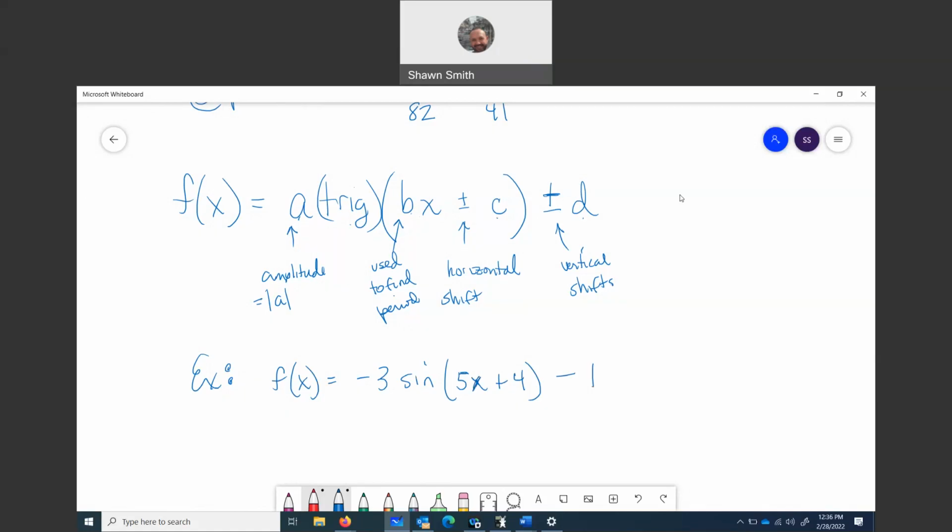We're going to still have a sine graph that gets flipped, right, because of the negative, with an amplitude of 3 units and a vertical shift down 1 unit, and the period is going to be changing, right? So 2 pi over b, and then there will be a horizontal shift 4 units, in this case to the left. That's a lot of information just in there, but we still have all that.